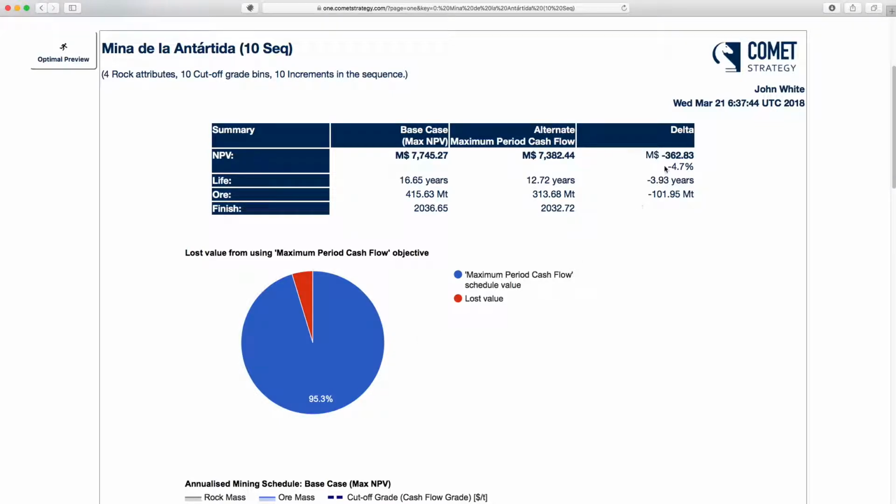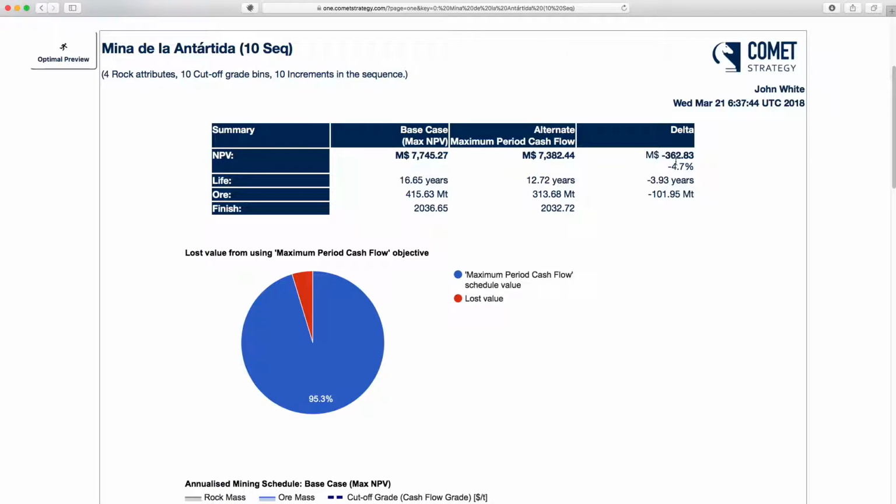In this case, it amounts to like $360 million. So it'll change for every individual mine. You can't say that it's always going to be 5% worse than maximising the net present value. But if this objective is being followed to determine your mining schedule and your decisions, then you probably are losing some money for the shareholders.